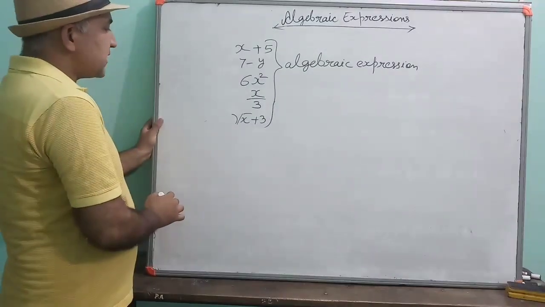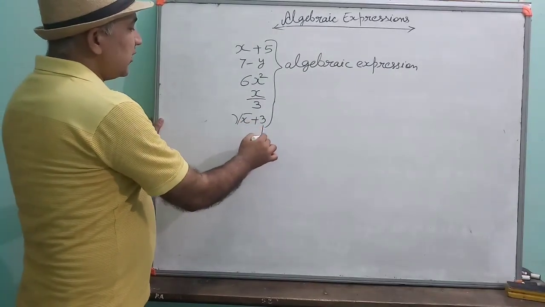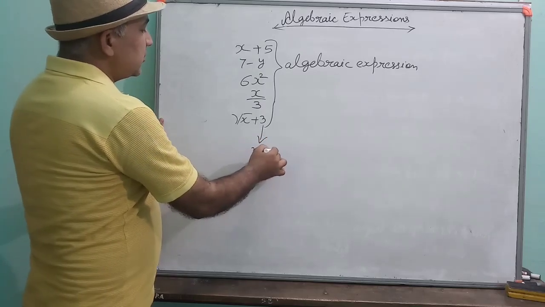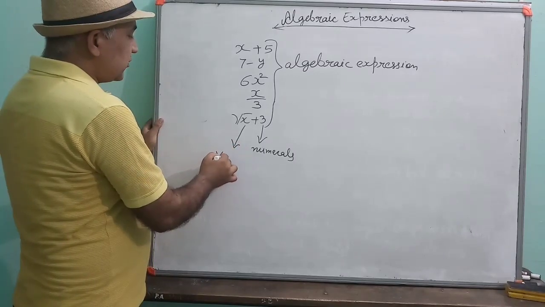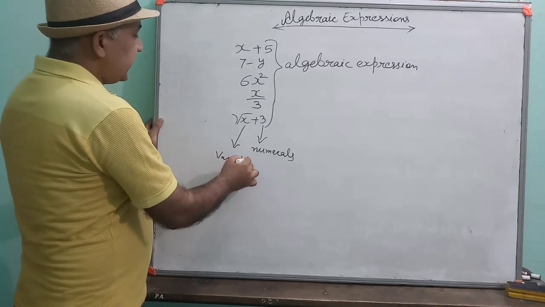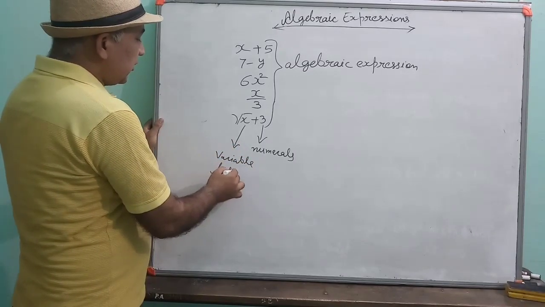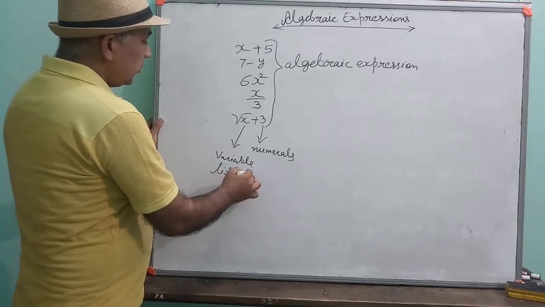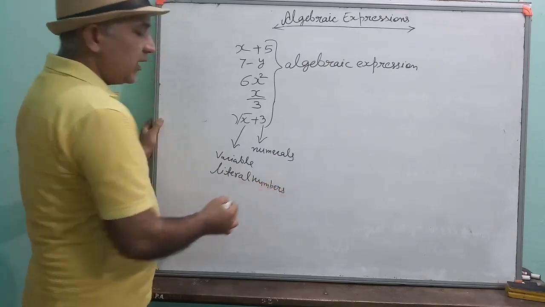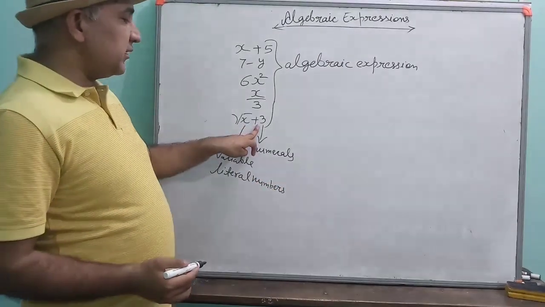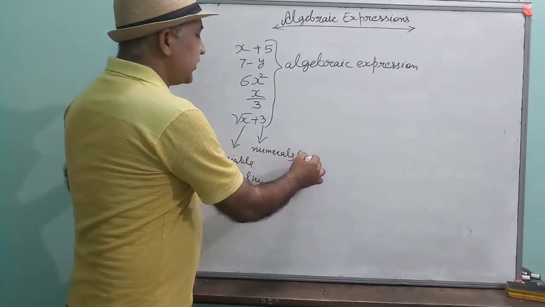In these algebraic expressions, these are called the numerals and these alphabets are called the variable or literal numbers. Literal numbers. Understood? The constant, these numbers are numerals, meaning constant numbers.